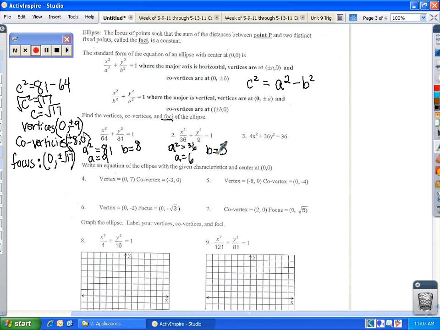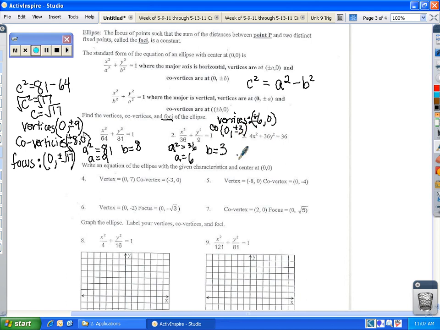So if a is 6 and b is 3, in order to find my vertices, since my a value is associated with x, my vertices' x value is going to be that a. So I'm going to have a vertex of 6, comma 0, and that's going to be the positive or negative form of 6. My co-vertices are going to be the other one. It's going to be 0, comma, plus or minus the b value of 3.